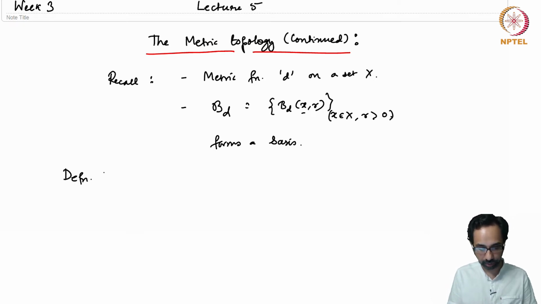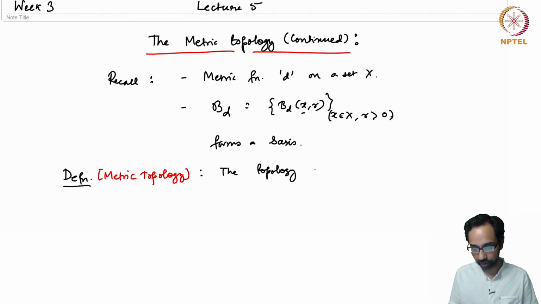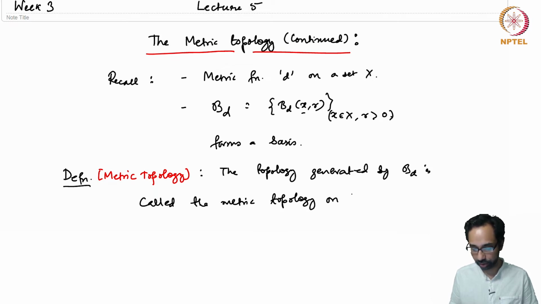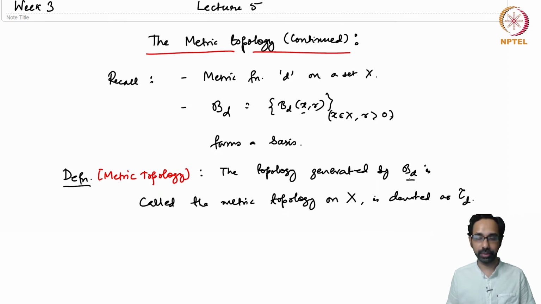So our definition for the metric topology is: the topology generated by this basis BD is called the metric topology on X, and it is denoted as tau D. So tau D is the topology generated by the basis BD.